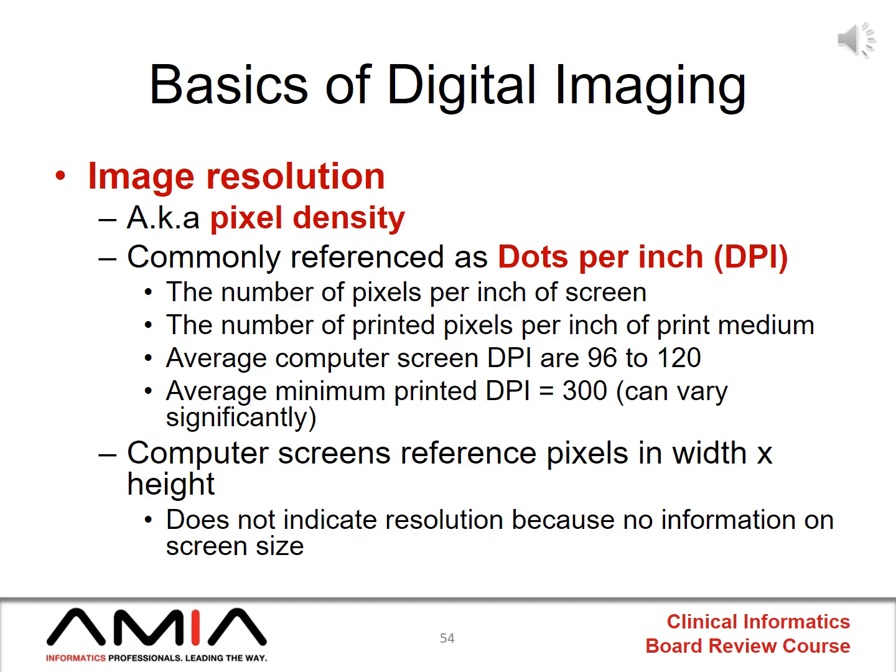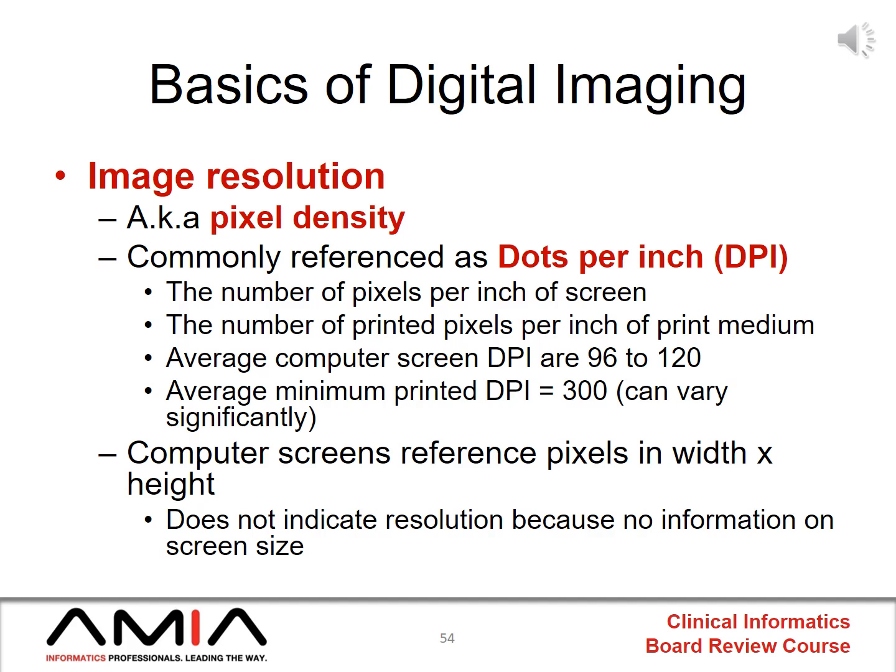The average image resolution of a computer screen is typically between 96 to 120 for Windows machines and maybe a little bit lower for Macs. However, the average minimum printed dots per inch can be 300, and that can be increased significantly depending on the quality of the printing that is being performed.